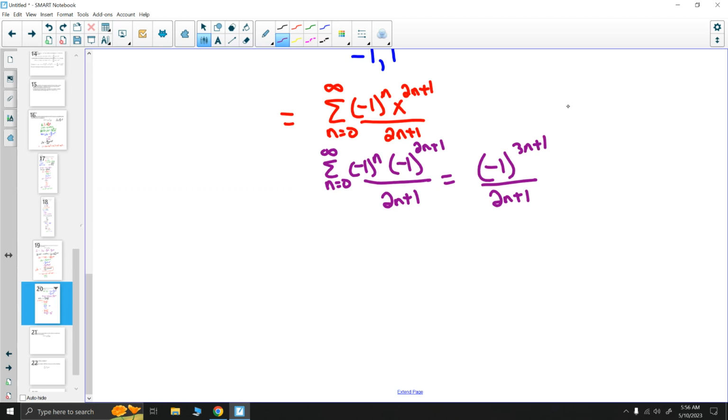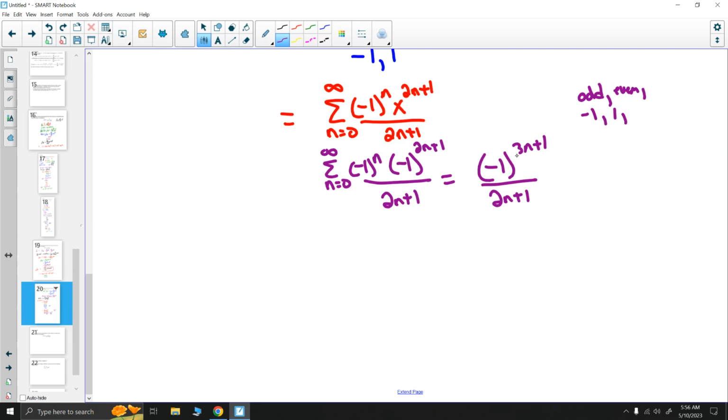I should have started at 0. 3 times 0 is 0 plus 1 is 1, so that's odd. Then 3 times 1 is 3 plus 1, that's even. So if it's odd, -1; even, it's 1. I'm just making sure that this is in fact alternating.